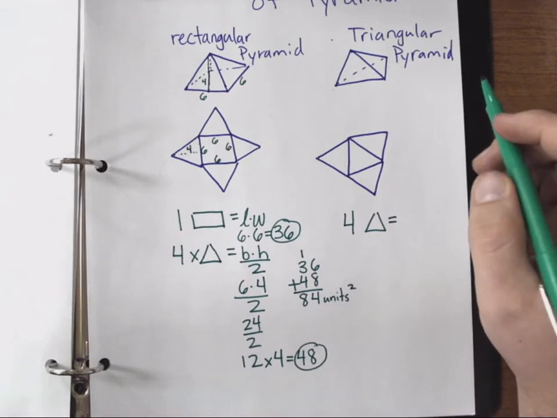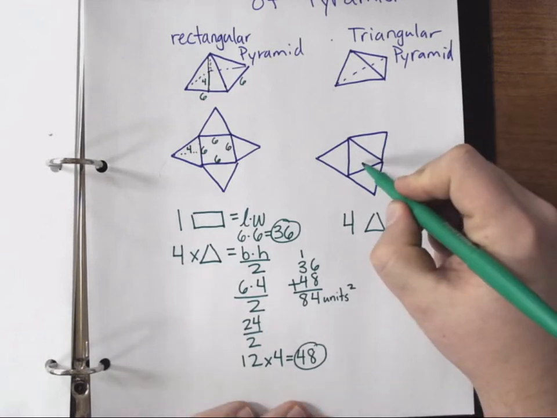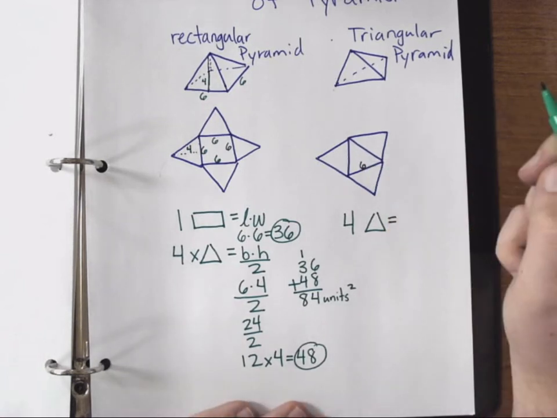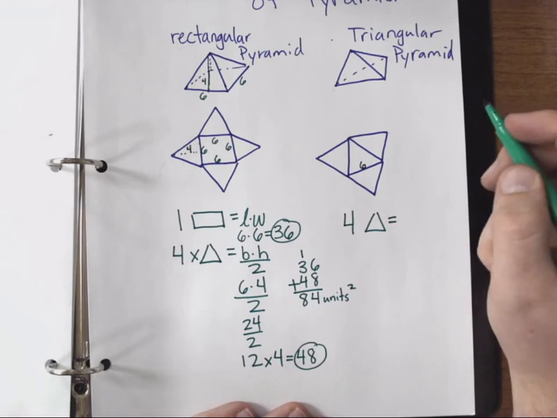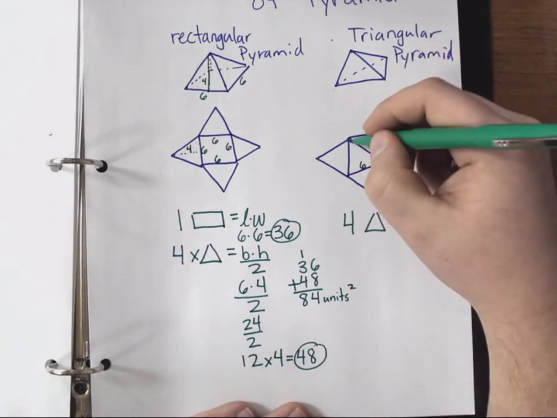Let's make it a little bit more tricky. Let's turn this into a different triangle that is not equilateral. Oh, it's fine. We'll just make it an equilateral triangle.